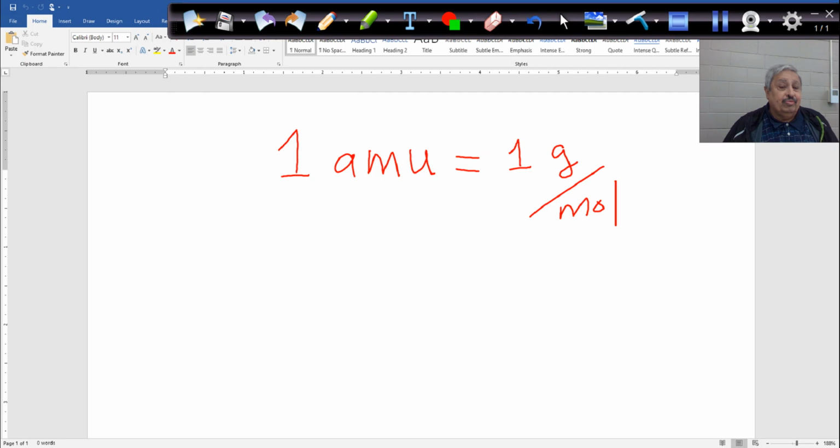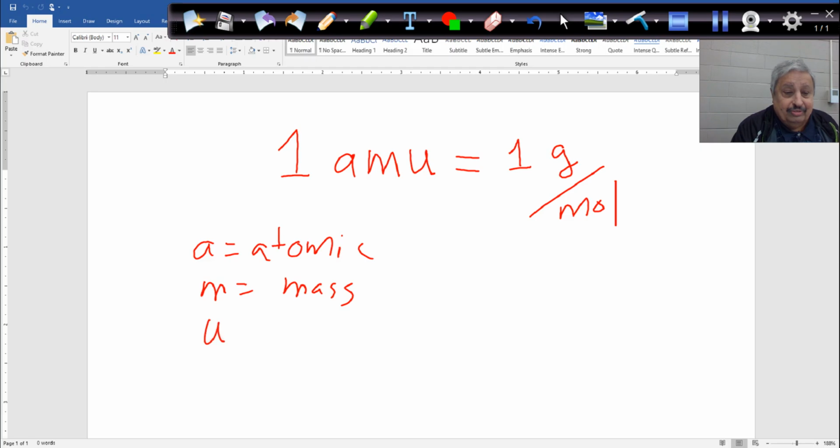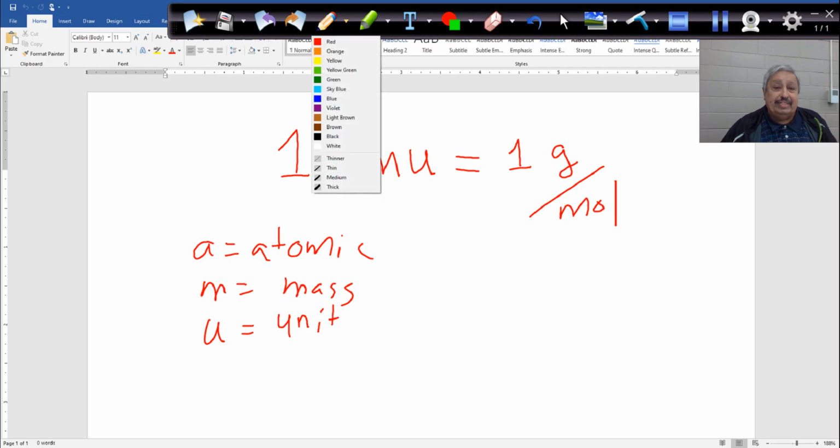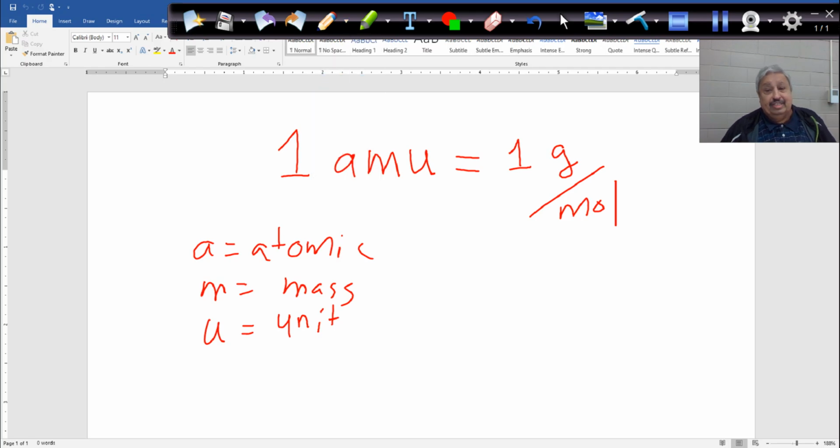What does AMU stand for? A is atomic, correct? M is mass, and U is unit, correct? Atomic mass unit is 1 gram per mole. I'm bringing this back from the previous chapter.